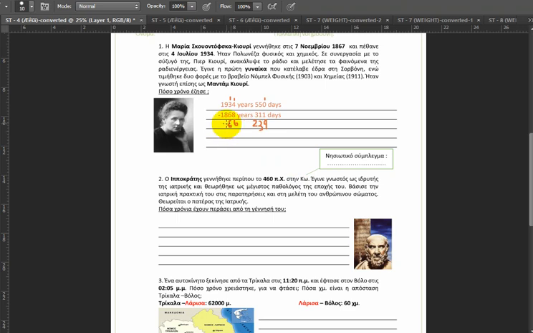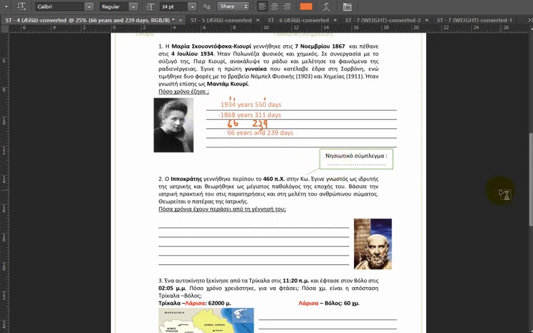So my answer would be, let's write this properly, 66 years and 239 days. That's how long she lived. That's how old she lived to be, 66 years and 239 days.